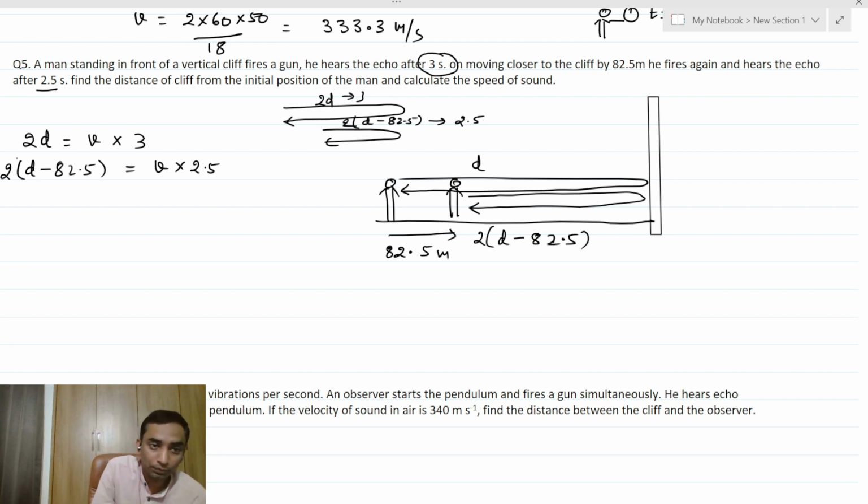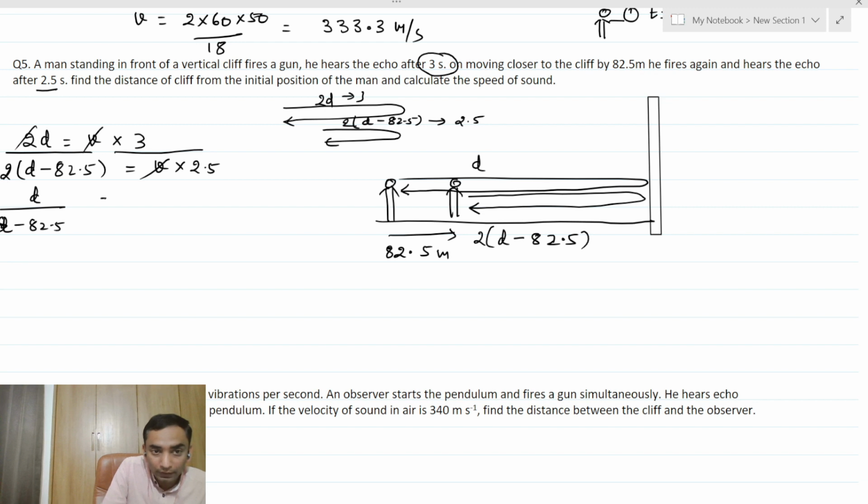Now if I take the ratio of these two equations, v will get cancelled, then 2 will get cancelled. So let me write it again: d upon d minus 82.5 is equal to 3 upon 2.5, which can be written as 6 upon 5.